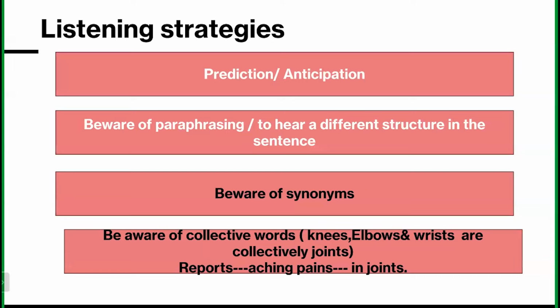But in your case note, they will give it as reports dash in joints. So the answer should be aching pains. Here you can see joints. In your written case note, they have not mentioned knees, elbows, wrist, just collectively they have mentioned joints. I hope it is clear. That is called a collective word.